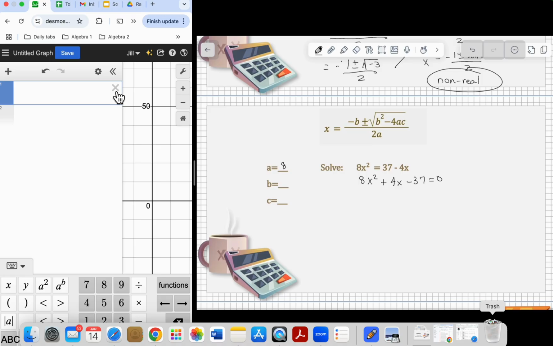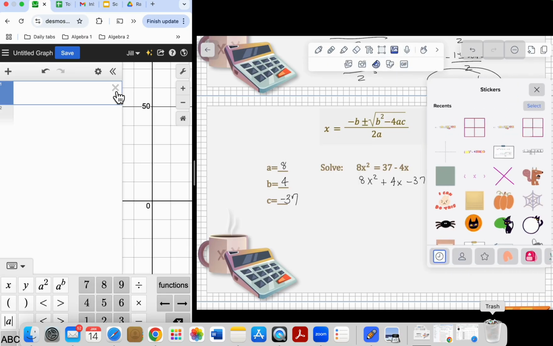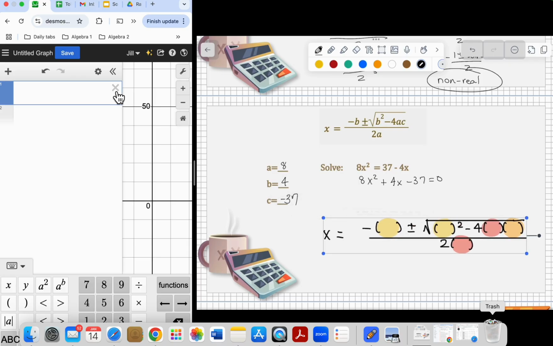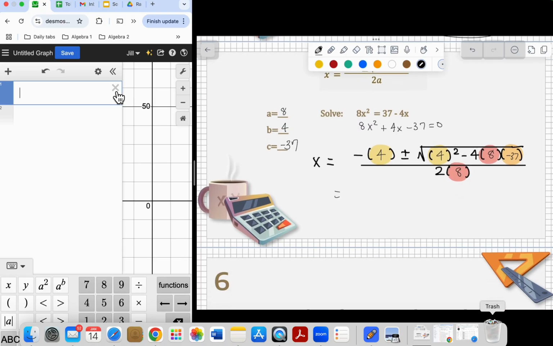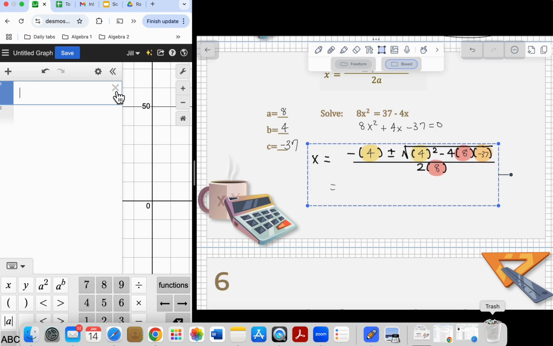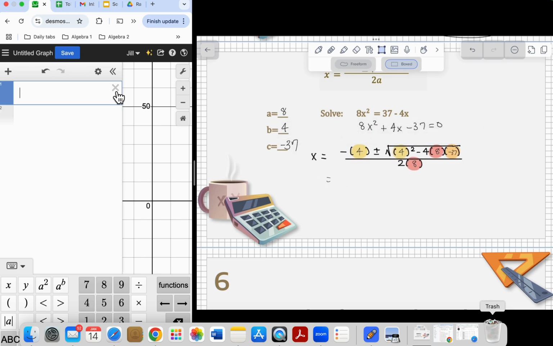Then we identify a, b, and c, and we use the quadratic formula. Our b is 4, a is 8, and c is -37. And then we do it in 4 parts.